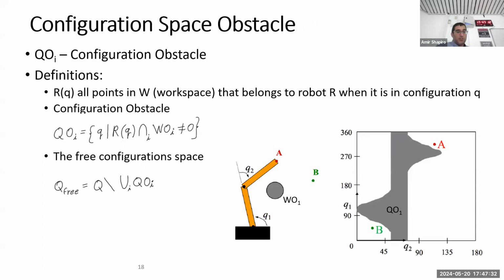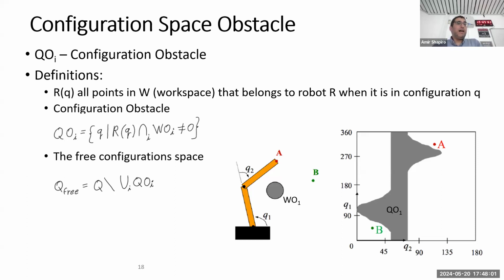If we have a robot arm and there is an obstacle in the workspace, this obstacle is mapped to all the angles θ1, θ2 in which the robot collides with the obstacle. So QOi is the configuration obstacle.